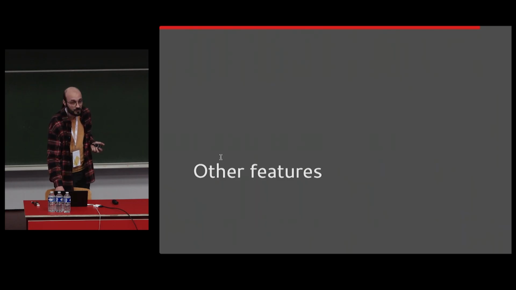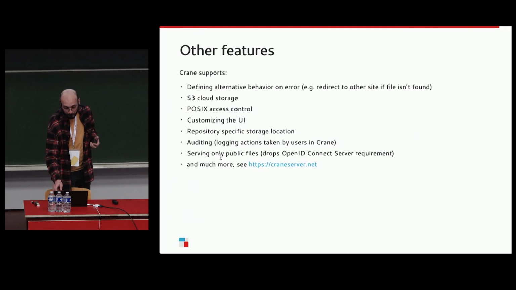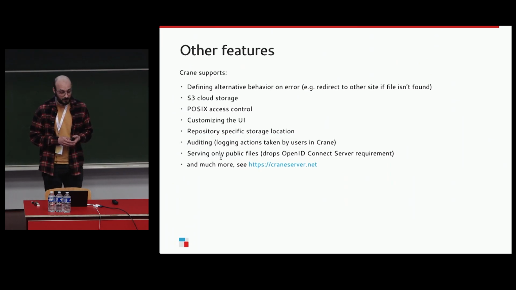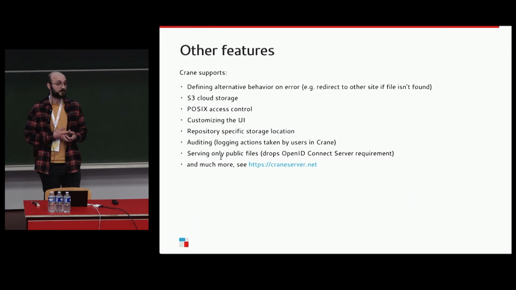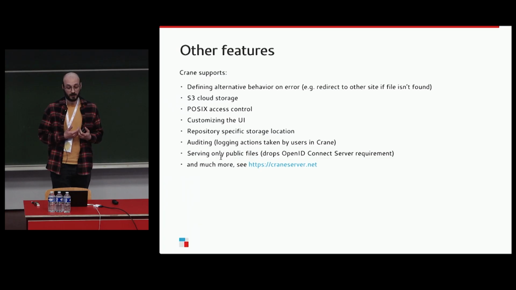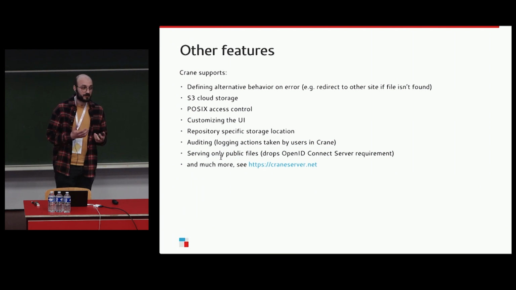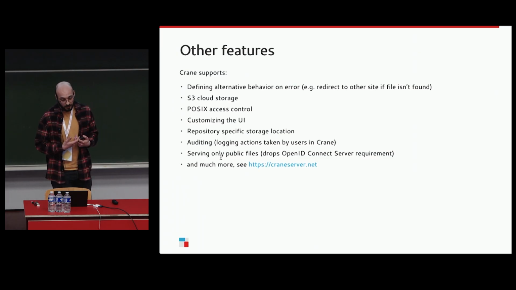There are a lot more features which I'm not able to explain in the 15 minutes I have got. So, for example, you can define alternative behavior if you get an error at screen. So what that means, for example, we are using this for one of our applications, which serves packages called RDepo.